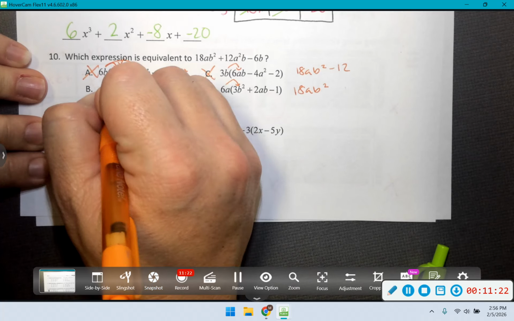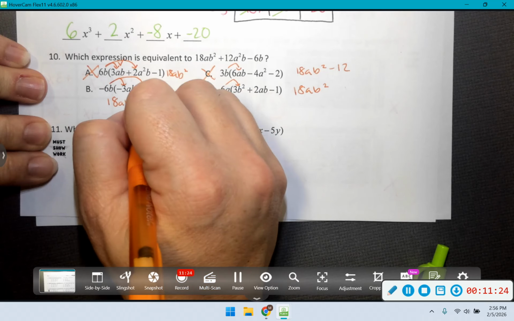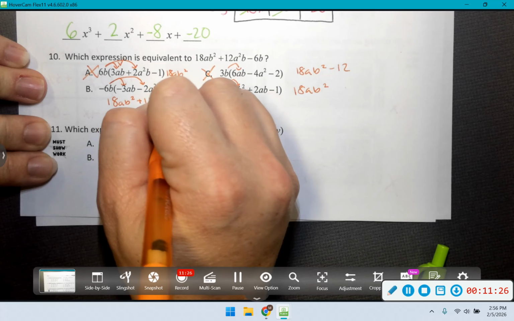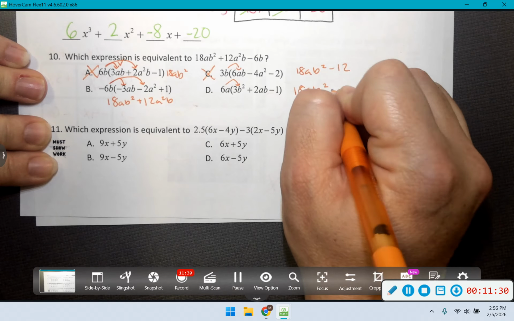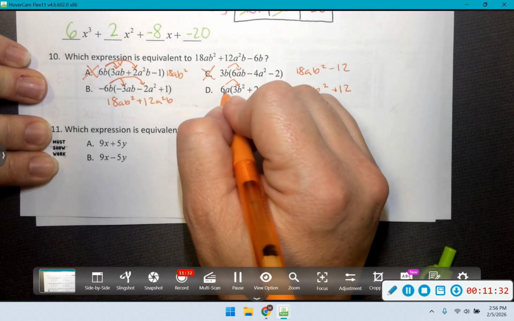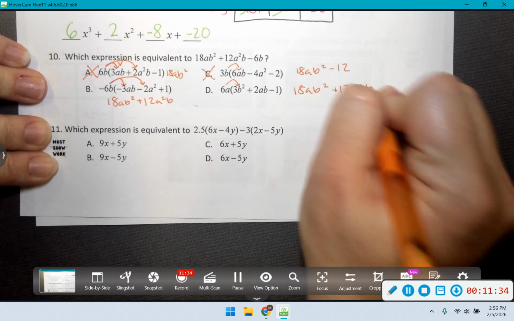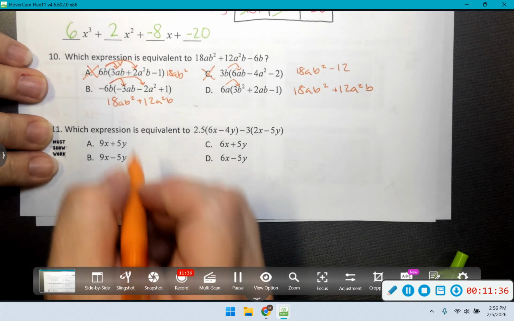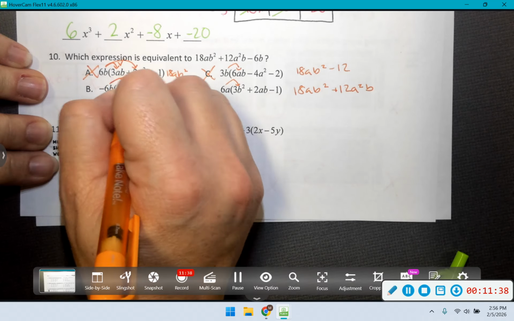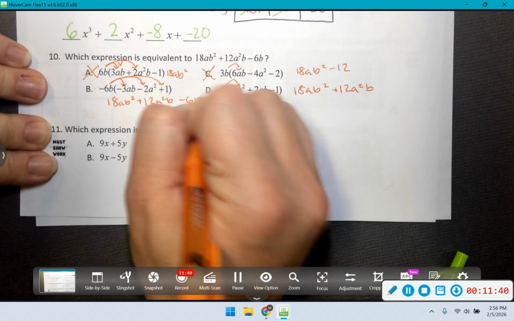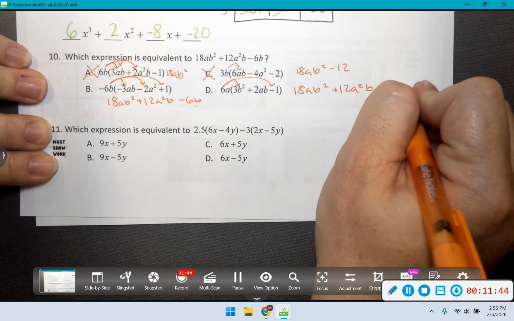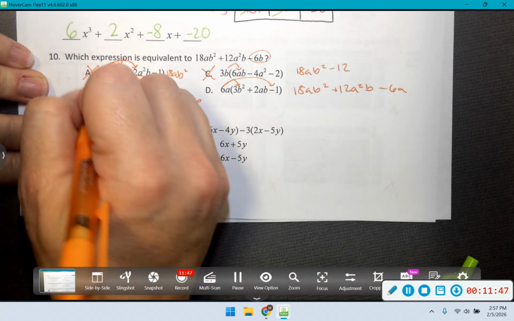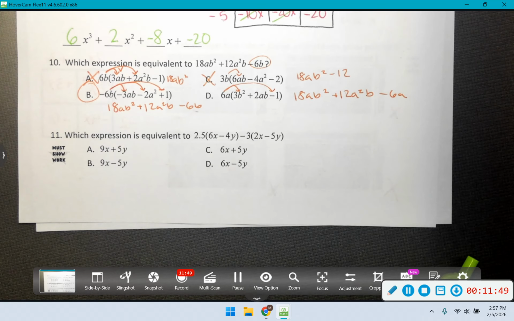Okay, and then we have positive 12a squared b, which is correct. And this one gives me positive 12, 6 times 2, and then a twice, so a squared b once. So that one also matches. So last but not least, negative 6b times 1 is negative 6b, which matches. 6a times negative 1 is negative 6a, which doesn't match, so b is my answer.